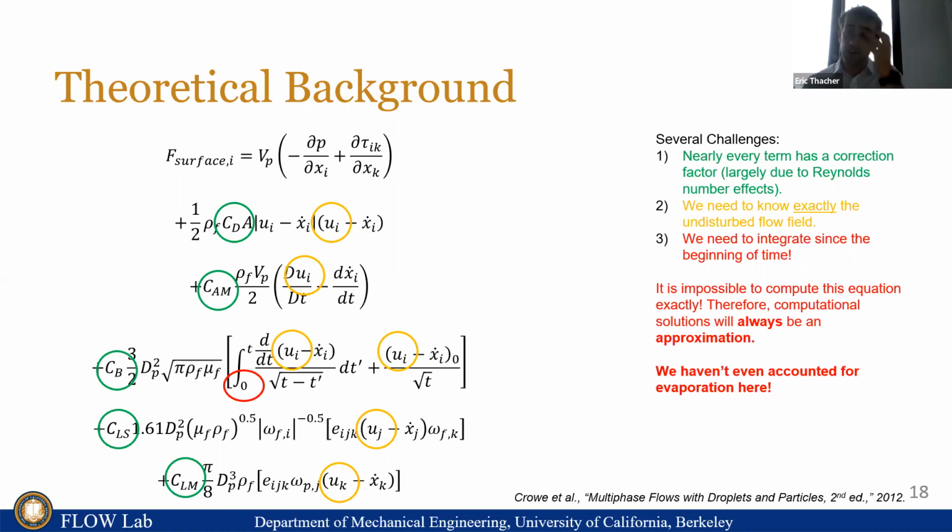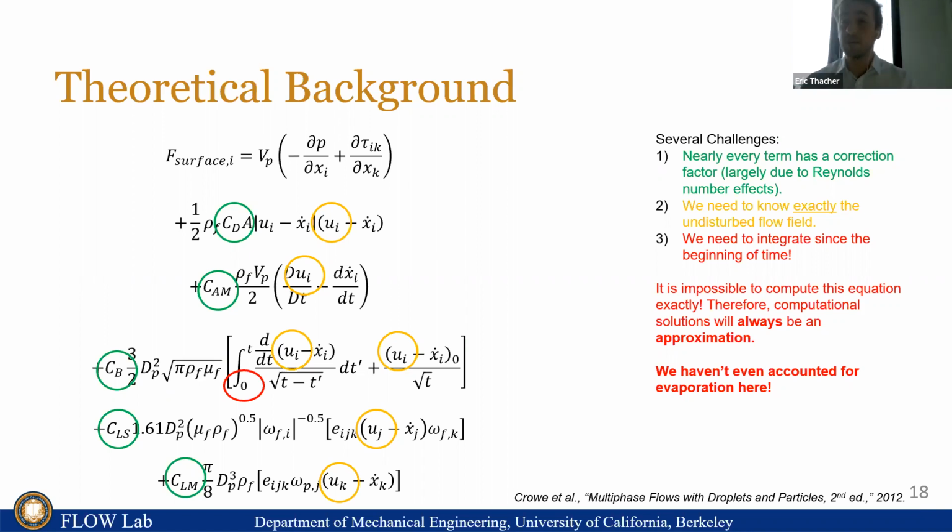And okay, another question, chat: what conditions make these other forces important? It's a great question, and one that I won't get into here just because there's a lot more material to cover. It basically depends largely on the type of flow that you have. Like I mentioned for the Basset history force, for example, that becomes important when you have large accelerations.